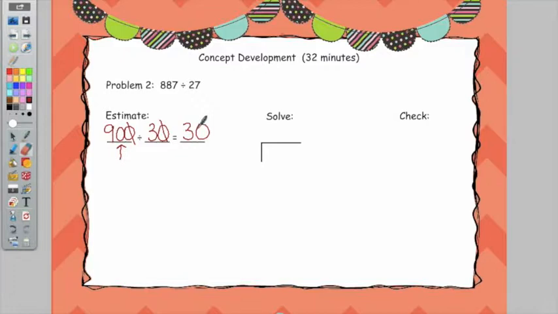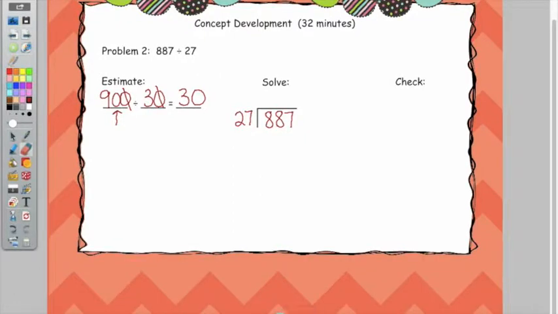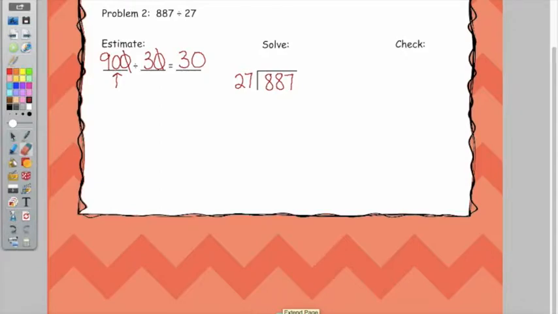Okay, so the actual problem, 887 divided by 27. Now I can skip count by 27s pretty easily. I can look at 30, couldn't I? And I can do 30 minus 3 and then 60 minus what? Oh, do you remember how to do that? 36. No. So go ahead and count by 3, 6, 9.